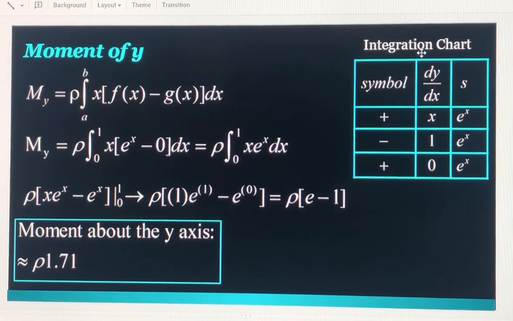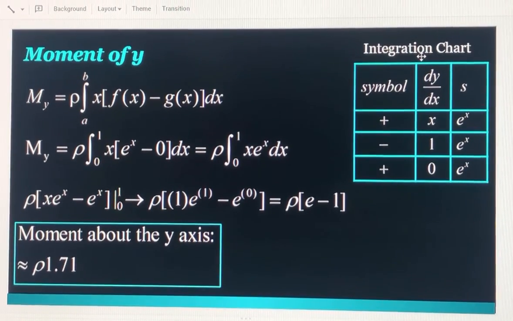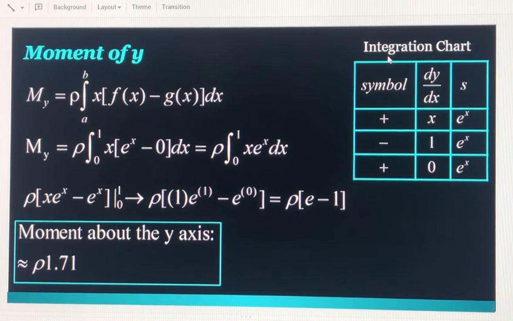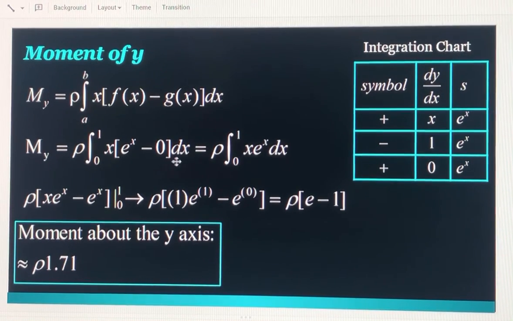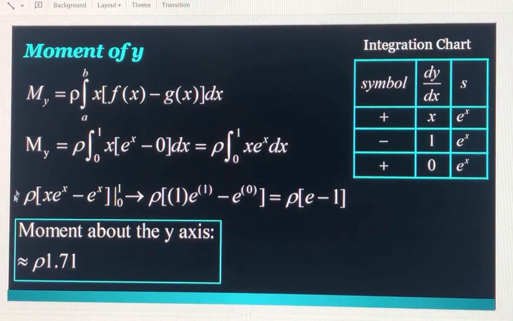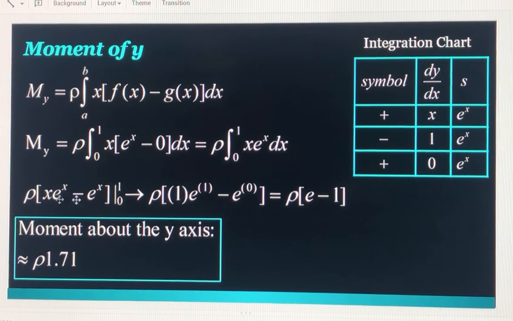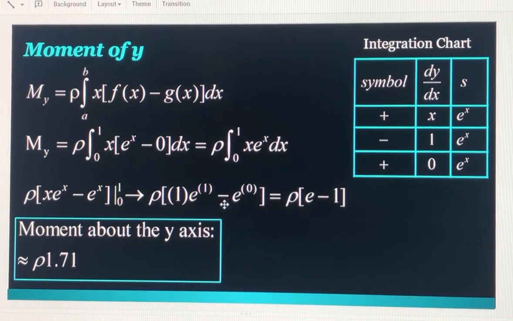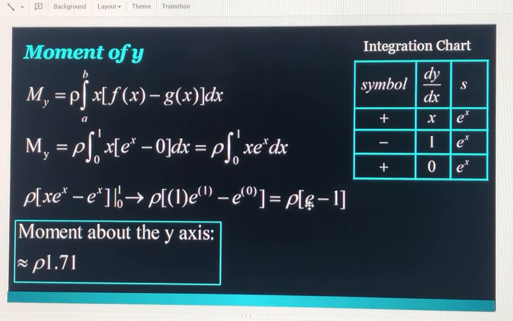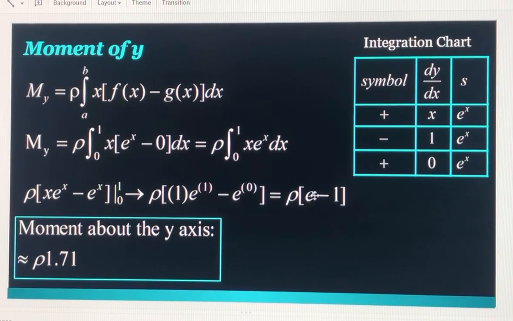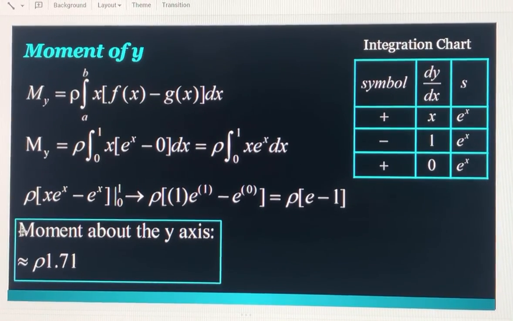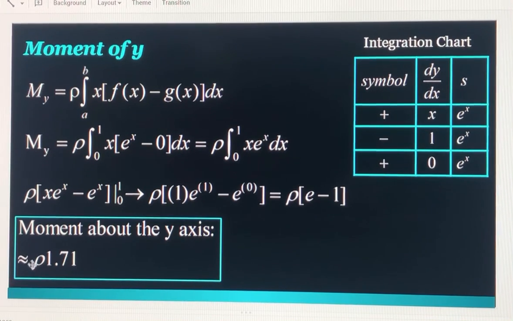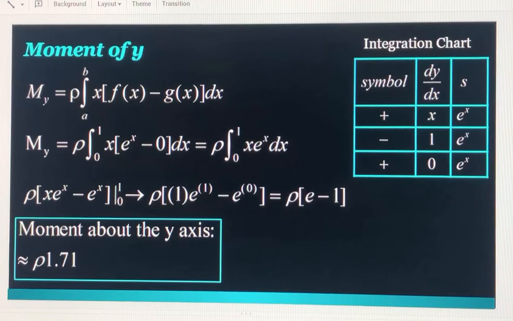It is integration by parts, so we're going to use the tabular method. We simplify it down to this integration, and you plug it in, and we're going to get rho times e minus 1. So calculate this, we're going to get rho 1.71 as the moment of the y-axis.